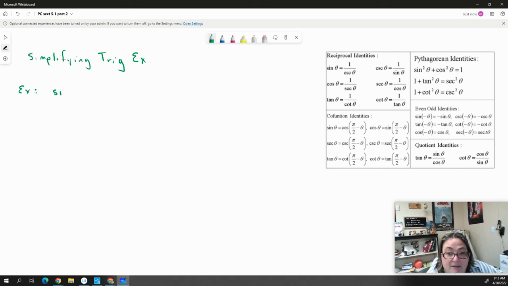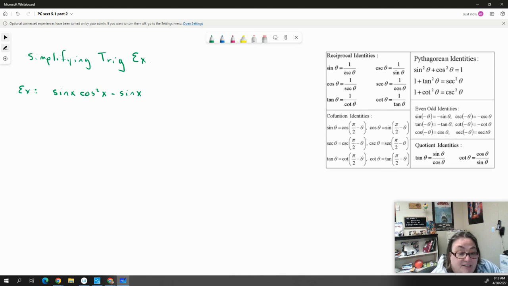So if I have sine of x times cosine squared of x minus sine of x, and it says simplify this expression, I need to look at this and think, first of all, what can I do to it?